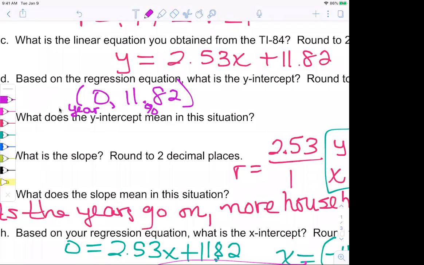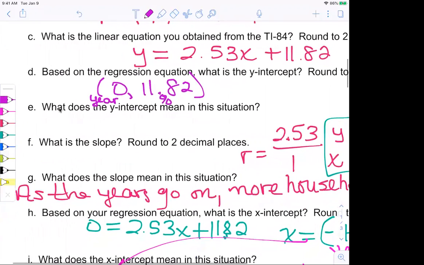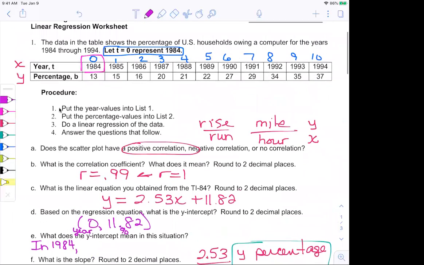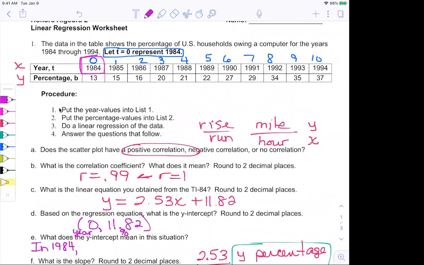So Alyssa, what year would represent the year 0? Would it be 1984? Yeah, and why is it 1984? On the graph. Yep. So on the graph, 1984 is 0. In the directions, they tell us 1984 is 0.